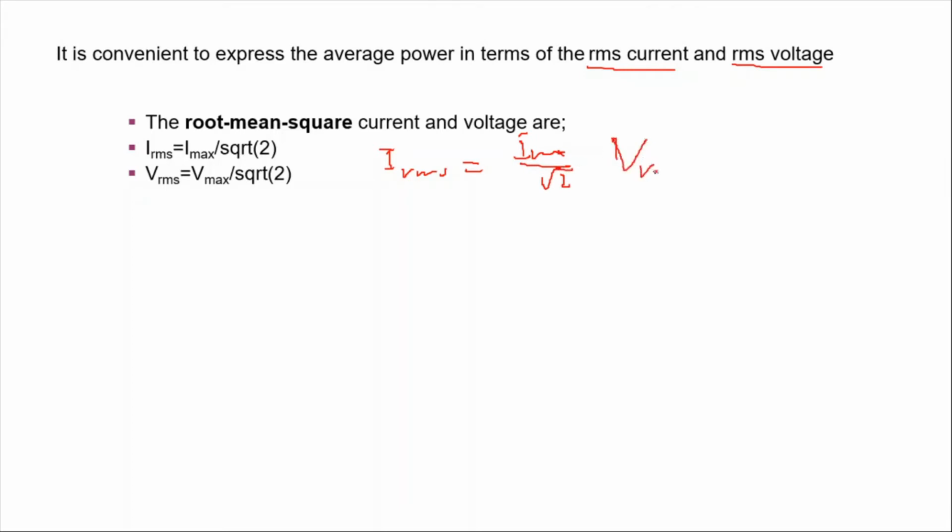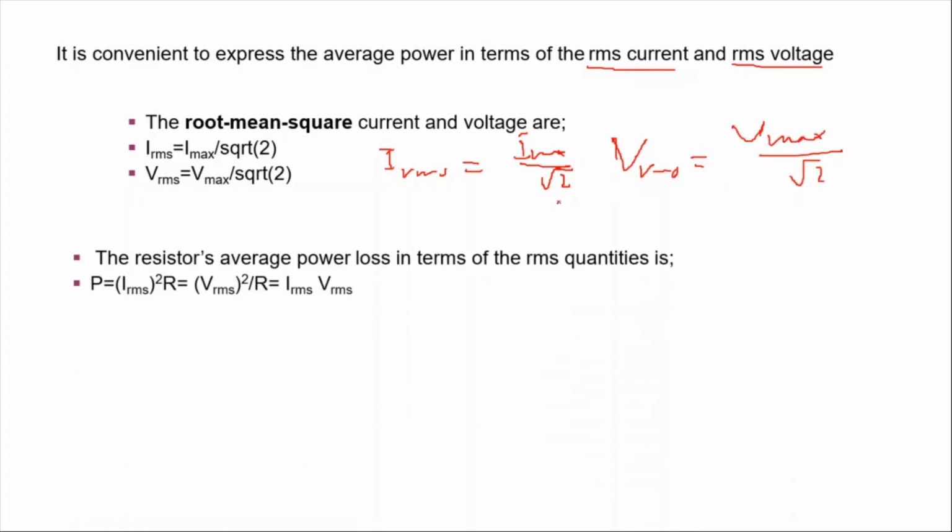Similarly, V RMS, remember from our previous lessons, is equal to V max divided by square root of 2 again. So if we express the power loss in the resistor in terms of RMS quantities, the power is going to be I RMS square times R, and it's also equal to V RMS square divided by R, or I RMS times V RMS.